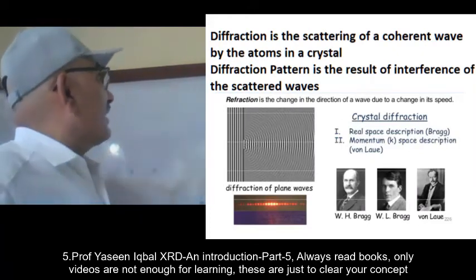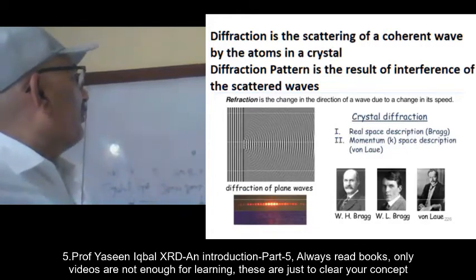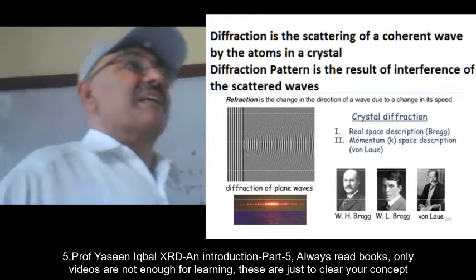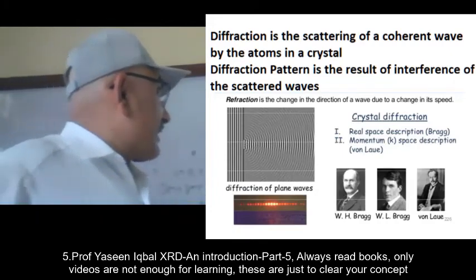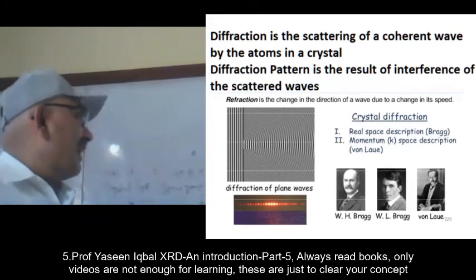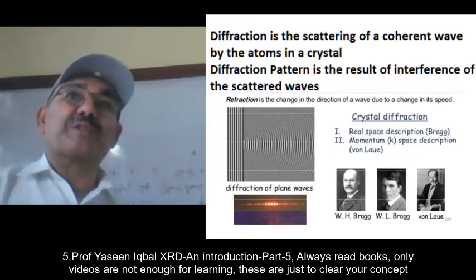So diffraction is the scattering of a coherent wave by the atoms in a crystal. The diffraction pattern is the result of the interference of the scattered waves.